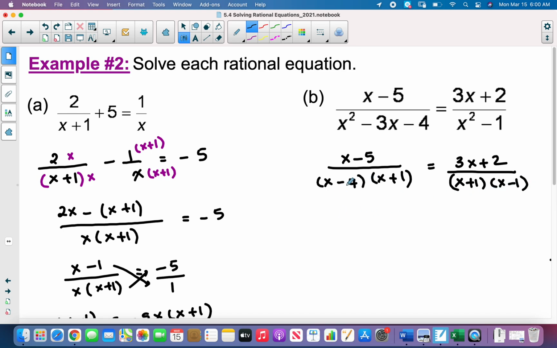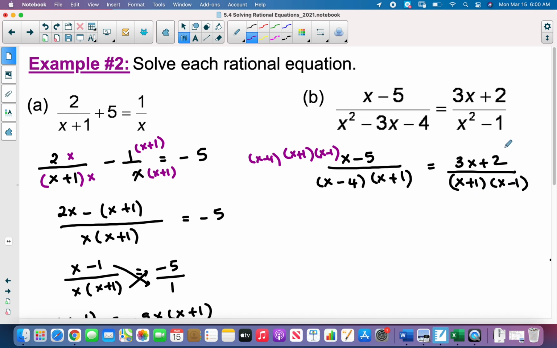So what we can see is we can find the common denominator. We can try to eliminate the denominators by multiplying both sides with the same binomials. So let's multiply both sides with an x minus 4, so that'll get rid of this, and x plus 1, that will get rid of this, and an x minus 1 to get rid of the x minus 1 here.